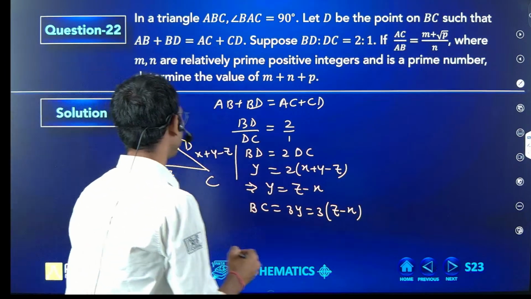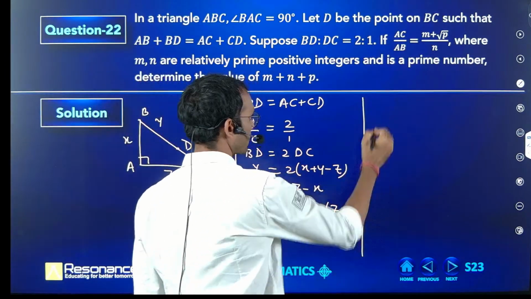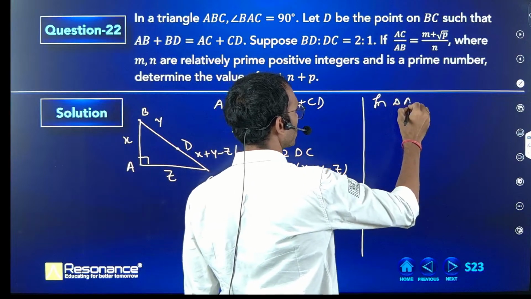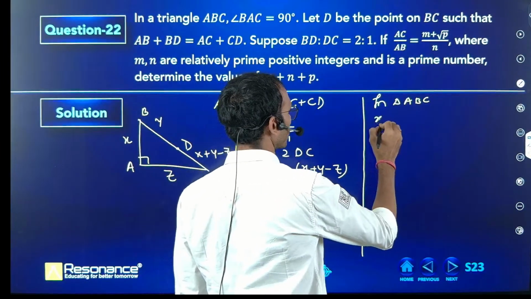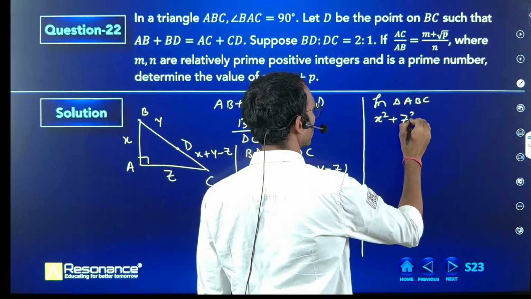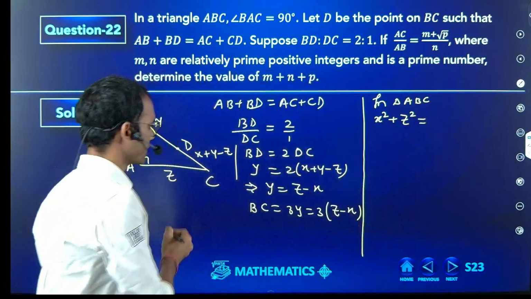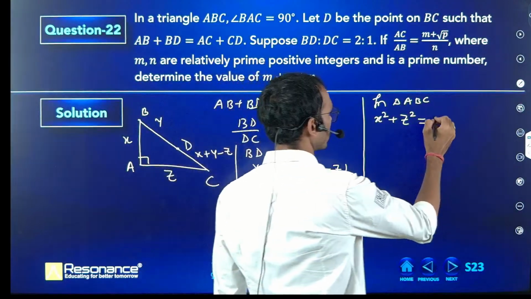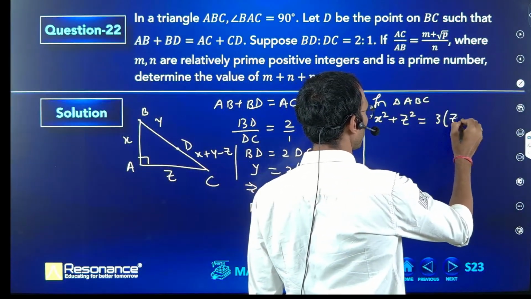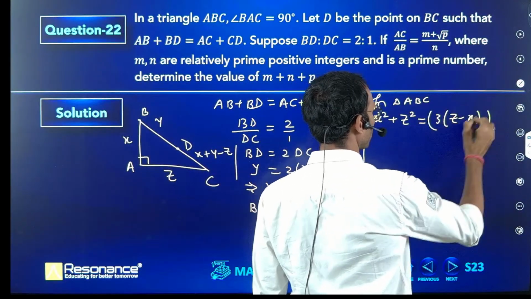Now in triangle ABC, we can use Pythagoras, that is x square plus z square equals BC square, and BC we got as 3 times (z minus x). So 3 times (z minus x) whole square.